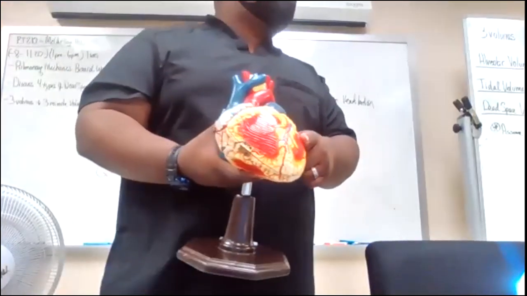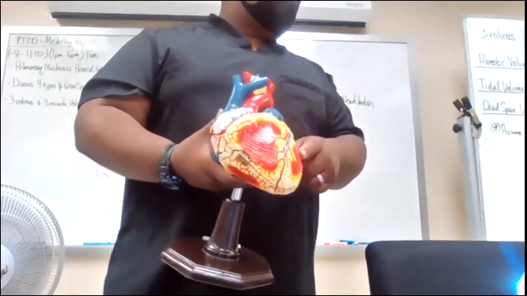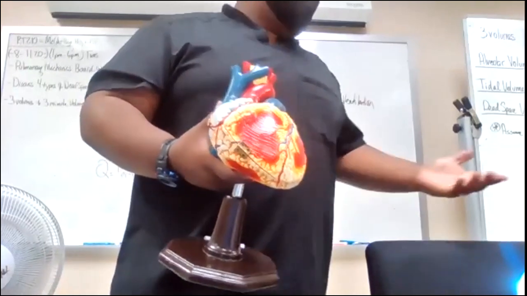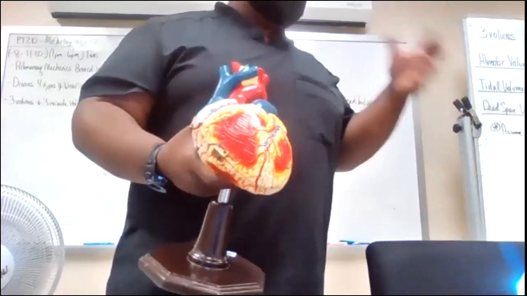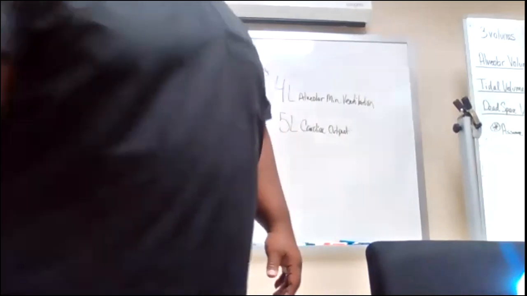That left ventricle has to put out 5 liters per minute to keep up with your metabolic demand. That's normal. That's a lot of blood, but that's what your heart is doing.